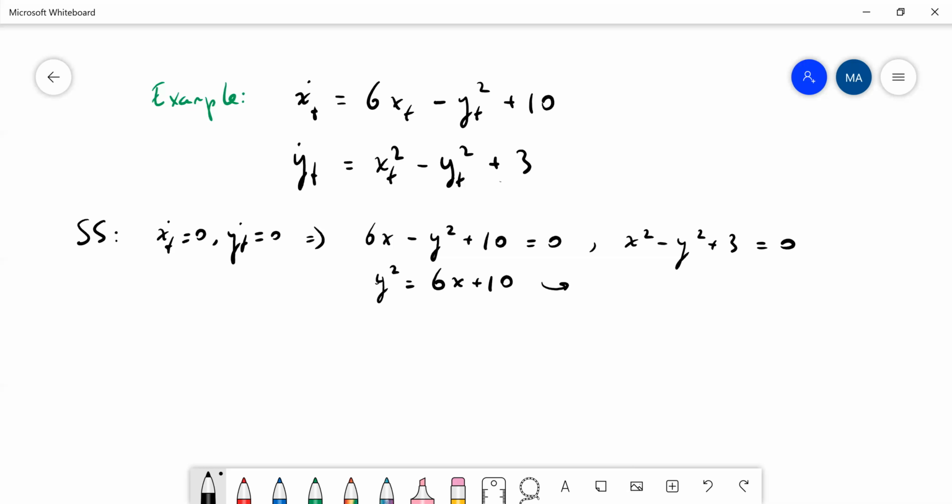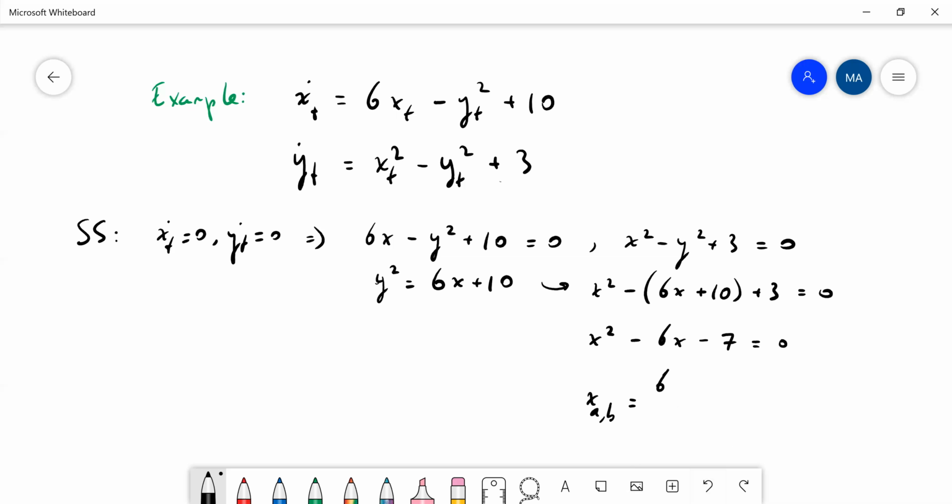So then I have x squared minus 6x minus 10 plus 3 equals 0, so x squared minus 6x minus 7 equals 0, right? Now realize there are possibly two steady states out of this system.